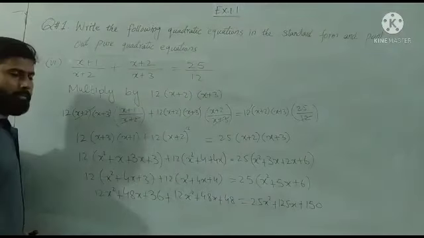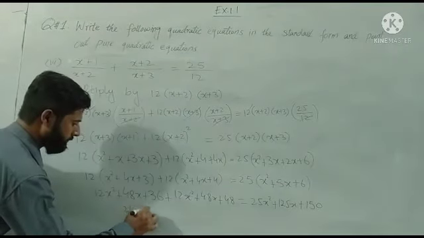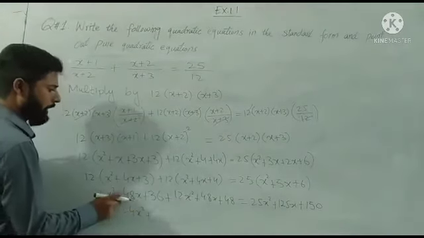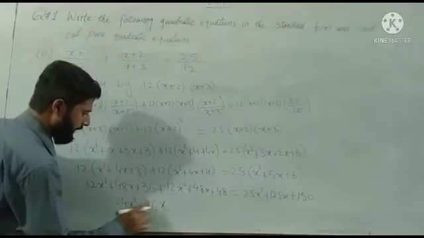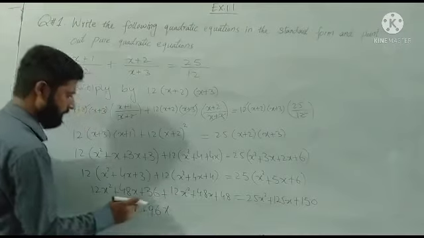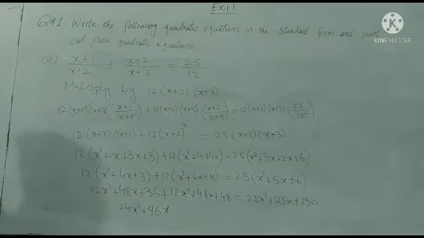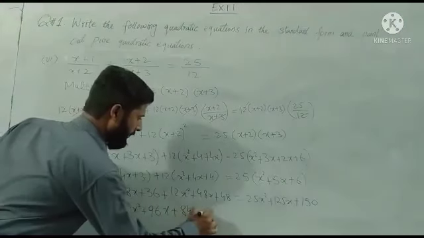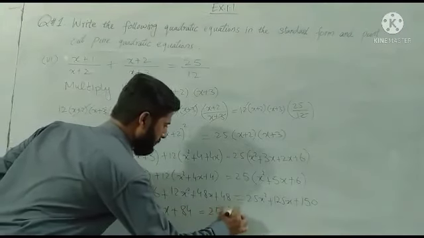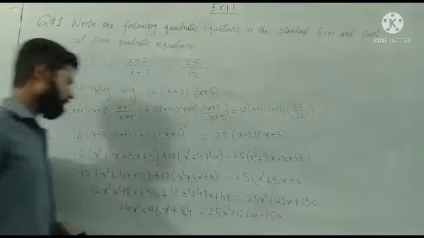Now we have to simplify it. 12x square plus 12x square is 24x square, plus 48x plus 48x, so 48 plus 48 is 96x, 36 plus 48. Now we have to add 36 plus 48, so its answer will be 84 is equal to 25x square plus 125x plus 150.